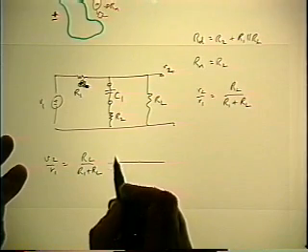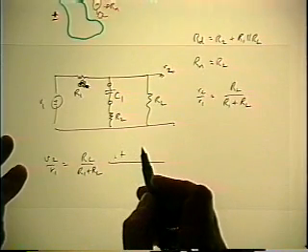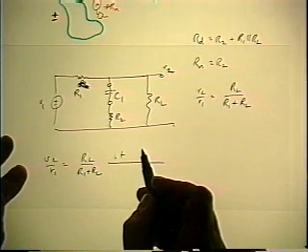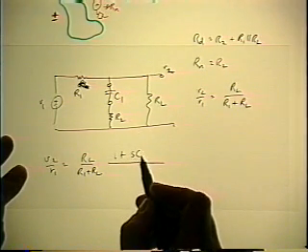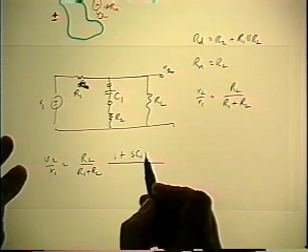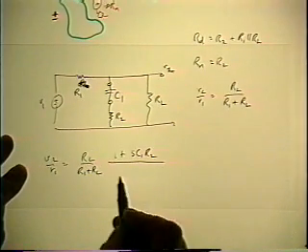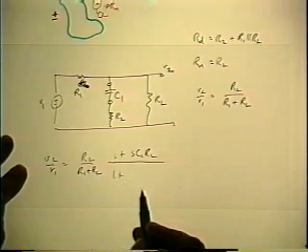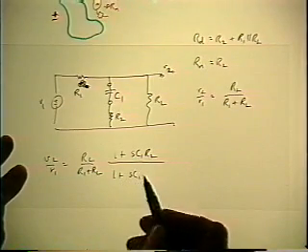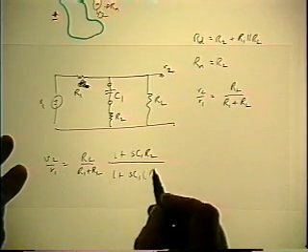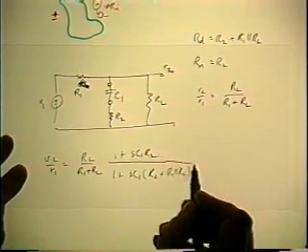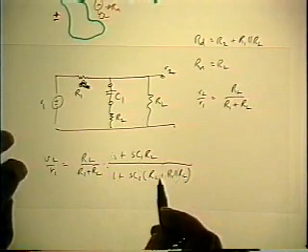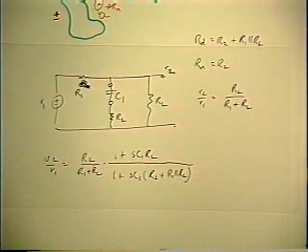So it's 1 plus, in the numerator, Rn over Z. And Z is 1 over SC1, so it's SC1 Rn, which is R2. And in the denominator, it's 1 plus 1 over Z, which is SC1 RD, which is R2 plus R1 parallel RL. And that, in one line, is the factored pole zero form for the voltage transfer function of the lag lead network.